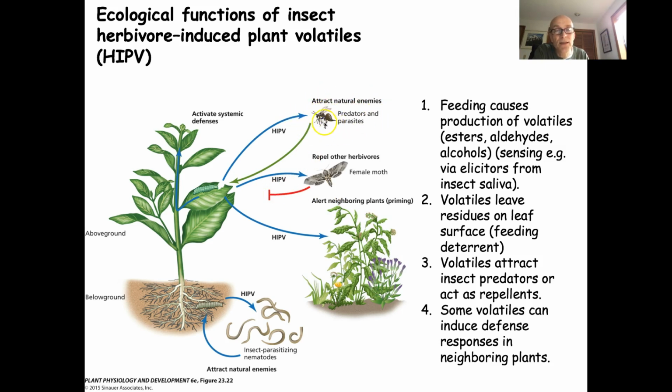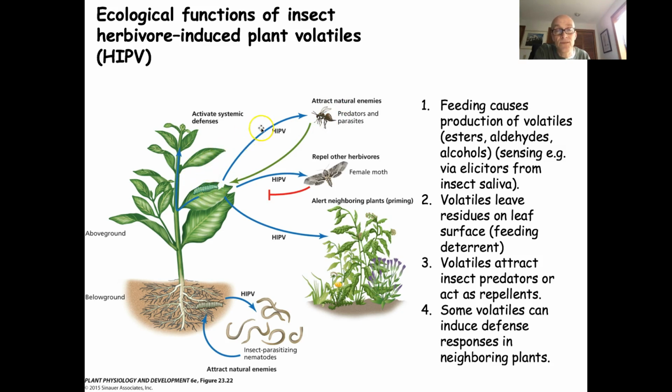This is a little parasitic wasp, and the parasitic wasp then will be basically called for help. The wasp finds its target, which is this caterpillar, and what it likes to do is to put its eggs into a caterpillar, and then when the eggs hatch, the little larvae of the wasp will eat the caterpillar.